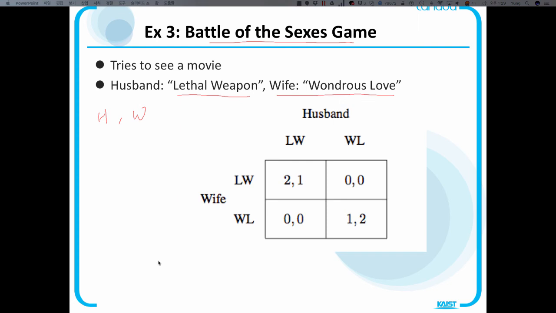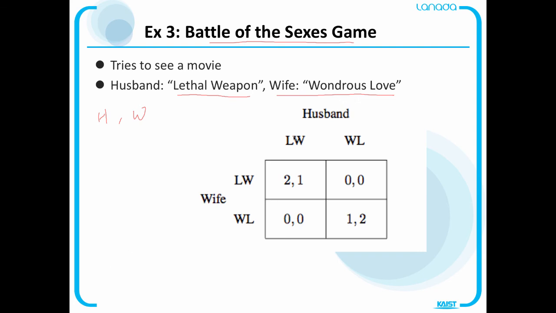If they see the same movie, then there is some positive payoff, but the payoff is different depending on what movie they see.